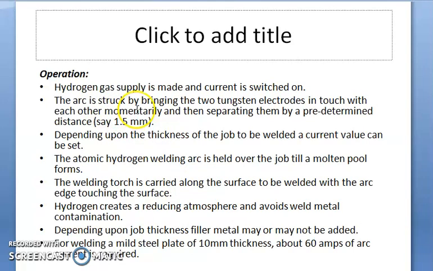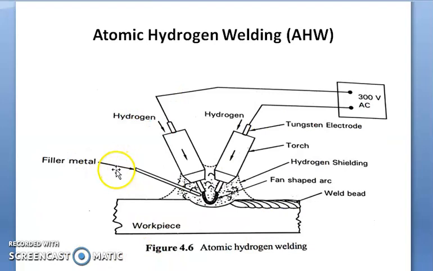The arc is struck by bringing the two tungsten electrodes in touch with each other and separating them by a distance of 1.5 mm. An arc is created. If you bring both electrodes near to each other, maintaining a distance of 1.5 mm, an arc is generated due to current flow.